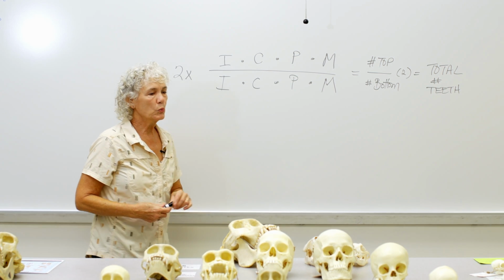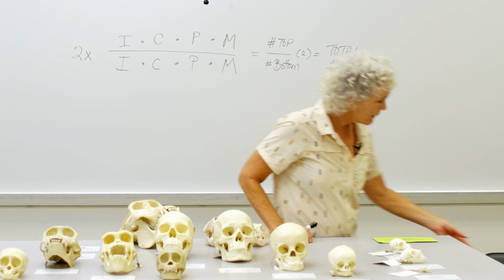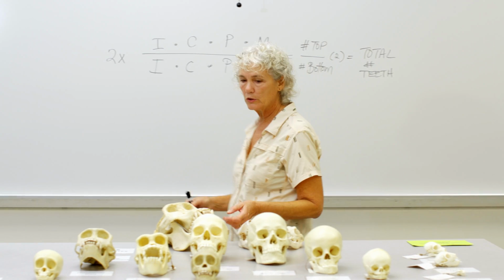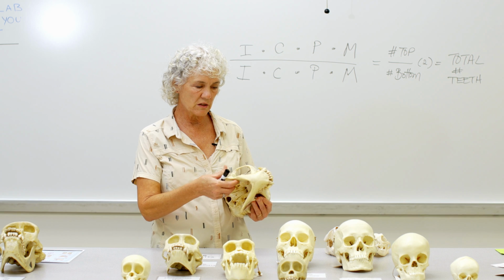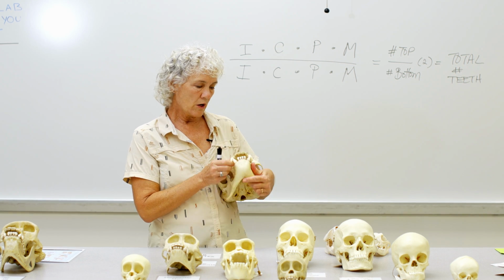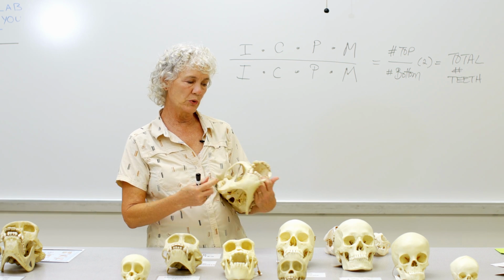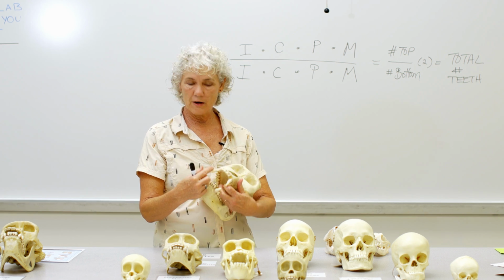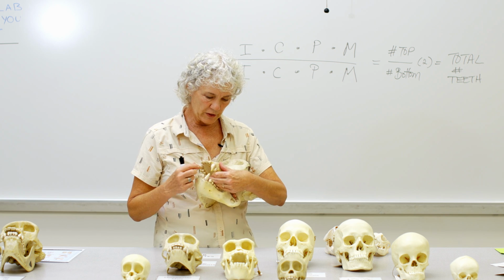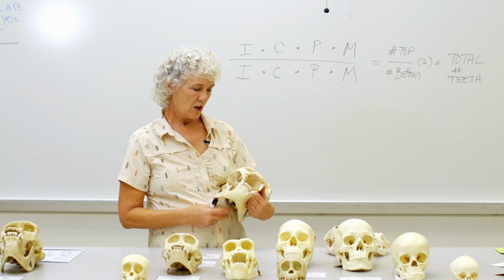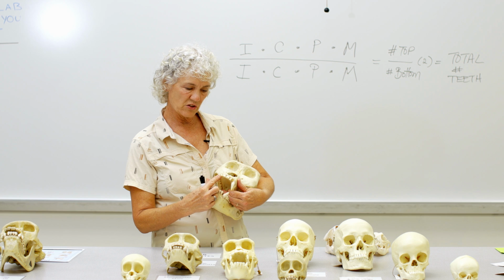All right. So what we're going to do is look first with, I believe in your lab book, they had the gorilla. So we'll look at the gorilla. We've already kind of gone over the human teeth just a second ago. We're going to do half of the upper jaw and half of the lower jaw. If you look at this, this has 2 incisors. So 2 incisors on half of it.